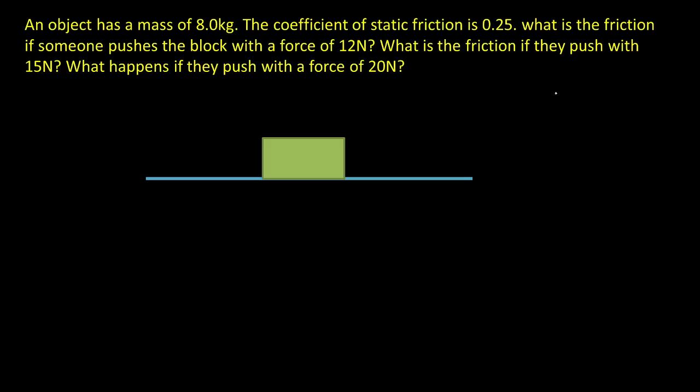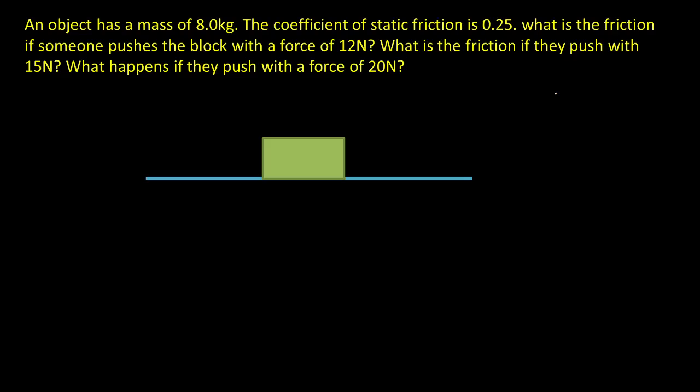Okay, next. An object has a mass of 8 kg. The coefficient of static friction is 0.25. What is the friction if someone pushes the block with a force of 12 Newton? What is the friction if they push with 15 Newton?